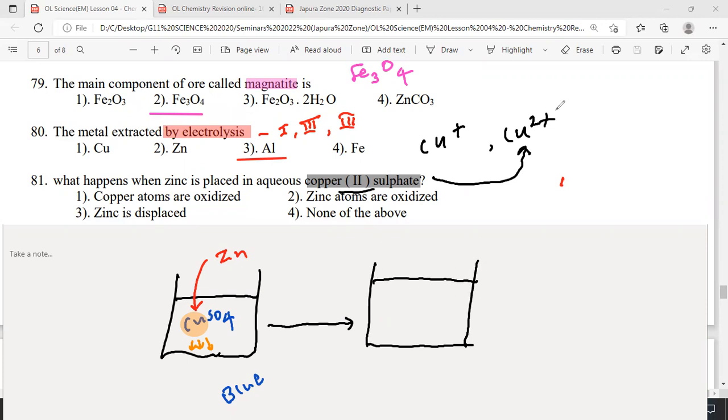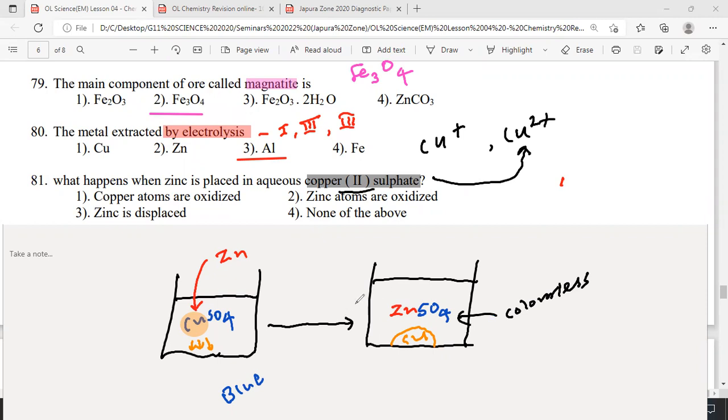Zinc becomes zinc sulfate because zinc is more reactive than copper, because copper is below zinc in the activity series. So this becomes zinc sulfate, and copper is deposited, copper is displaced. This is what happened. Now this is a colorless, clear solution. Zinc sulfate solution is colorless.